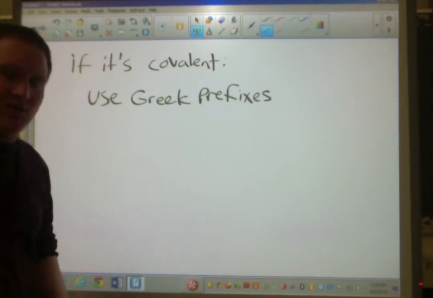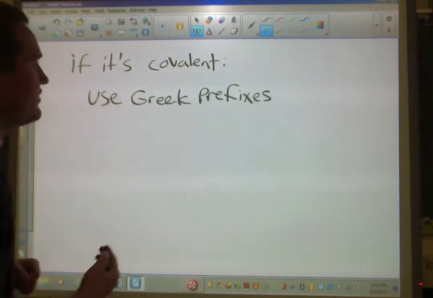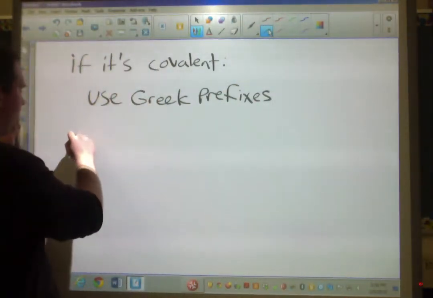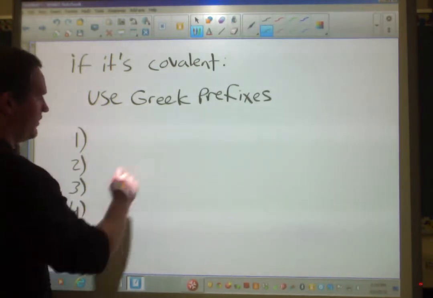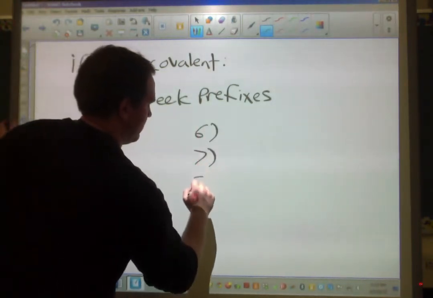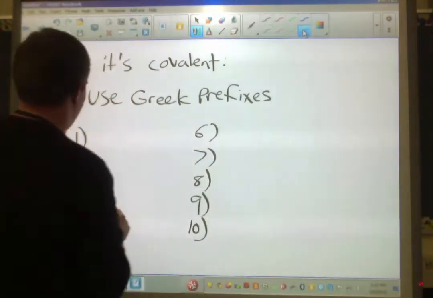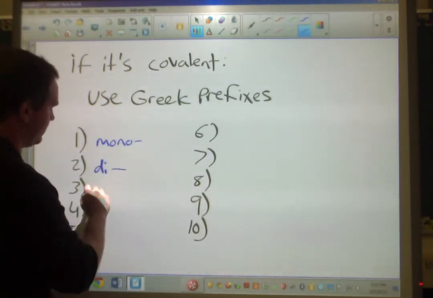So, however many atoms you have in the compound, that's the Greek prefix you need to use. So we're going to run through these quickly. You have to memorize these. 1 is mono. 2 is di.